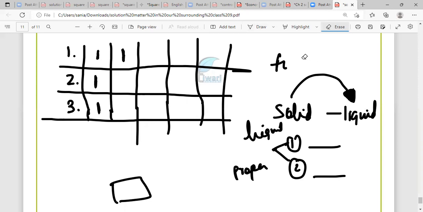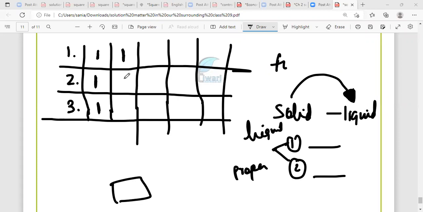No need to write the entire thing. They have no friction. Okay, good.